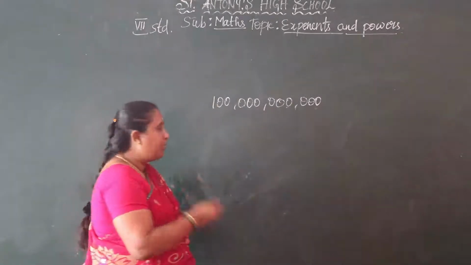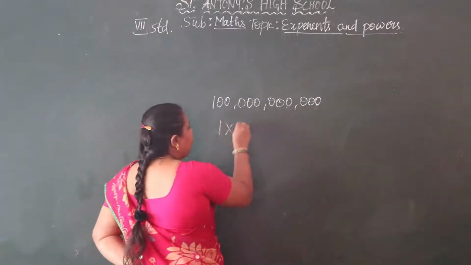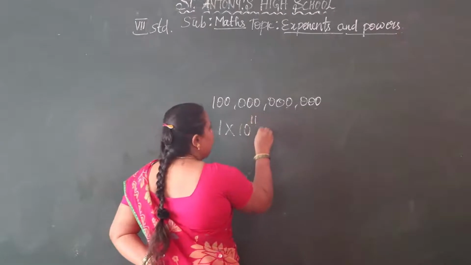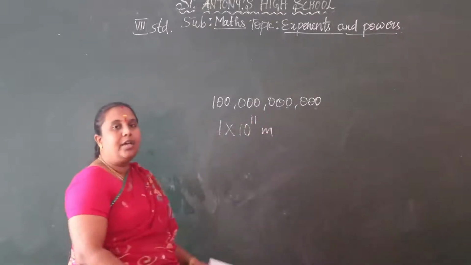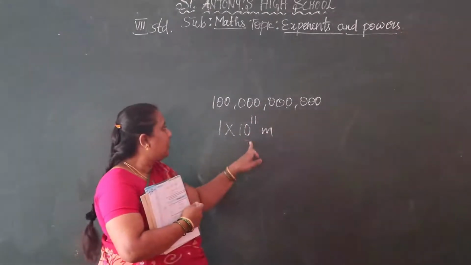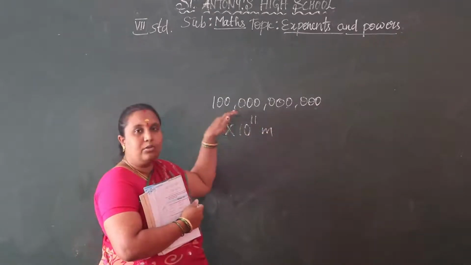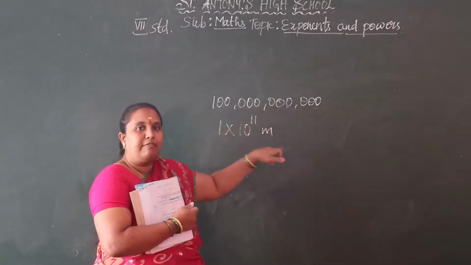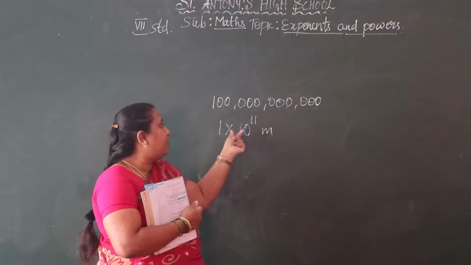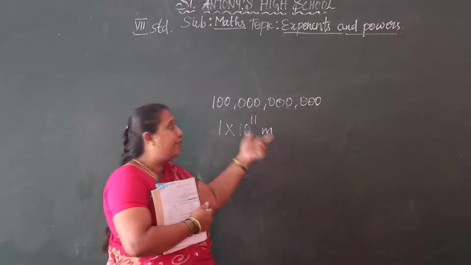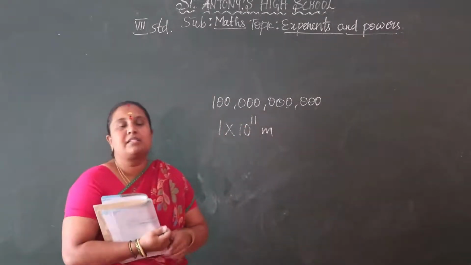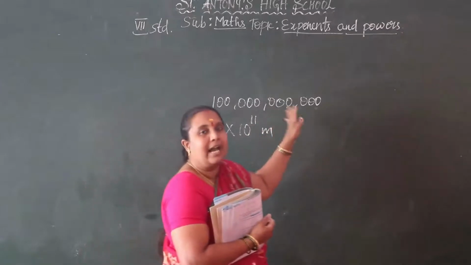So we have to write 1 into 10 to the power of 11 meter. We have to write it in an exponential form. So 1 into 10 to the power of 11 meter is the short form of this given number, that is how many stars are in the galaxy.